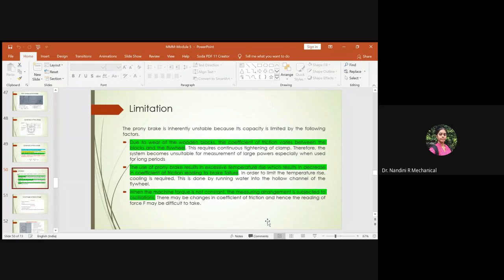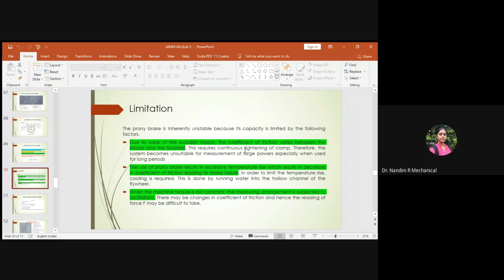Since the flywheel will be rotating and it is housed with the help of wooden blocks only, it increases the wear when the flywheel starts rotating. Due to the increase in the wear of the wooden blocks, the coefficient of friction keeps varying between the blocks and the flywheel, and hence this requires a continuous tightening of the clamp.